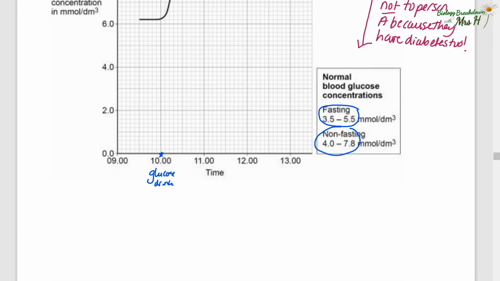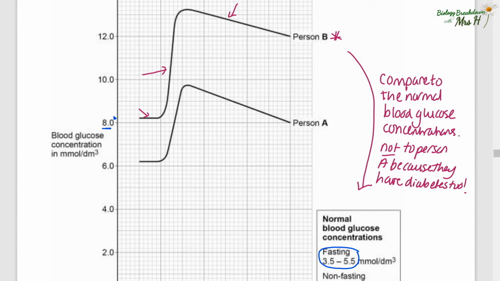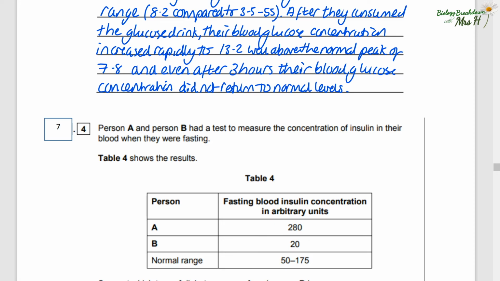And you can see that that is above the normal peak of non-fasting. So if you look down, non-fasting is a range between 4 and 7.8. 13.2 is way above 7.8. And even after 3 hours, their blood glucose concentration didn't even return to normal levels, not even their own normal levels.